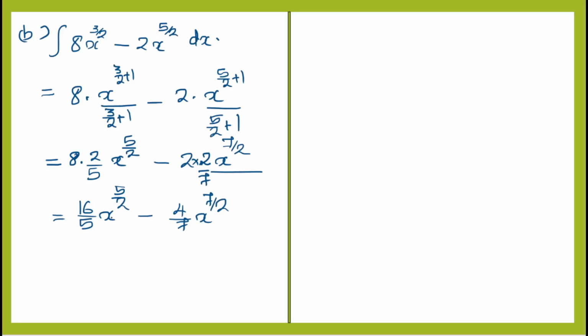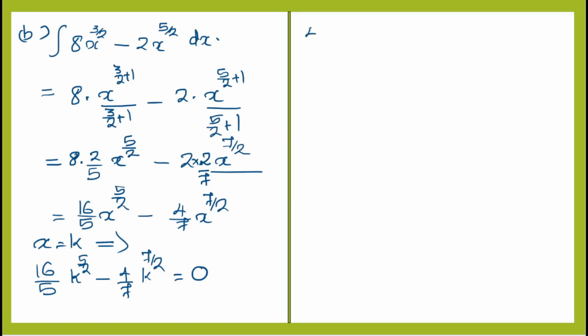Now this function satisfies x equals k. Therefore x equals k implies 16 by 5 k to the power 5 by 2 minus 4 by 7 k to the power 7 by 2 equals 0. Now solve for k. 4 by 7 k to the power 7 by 2 equals 16 by 5 k to the power 5 by 2.